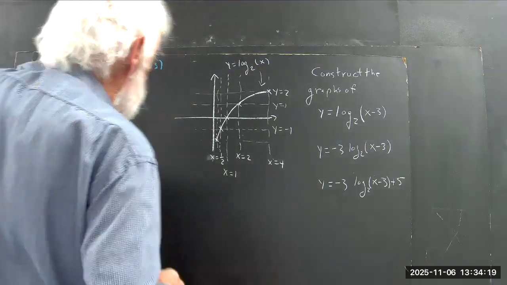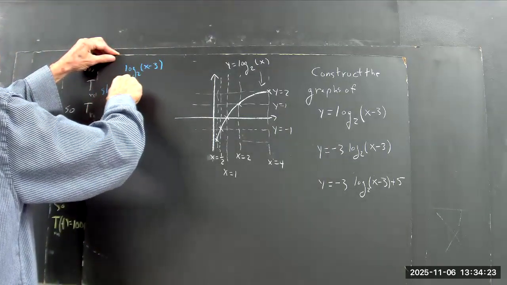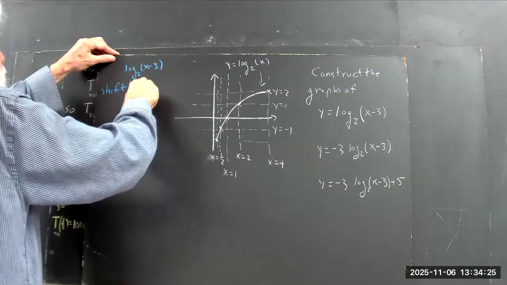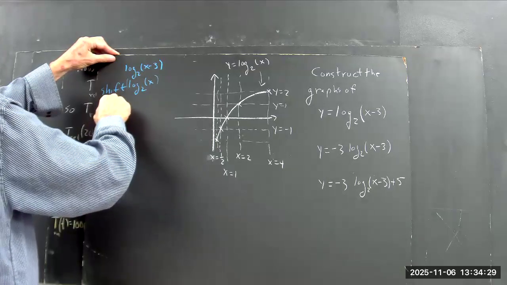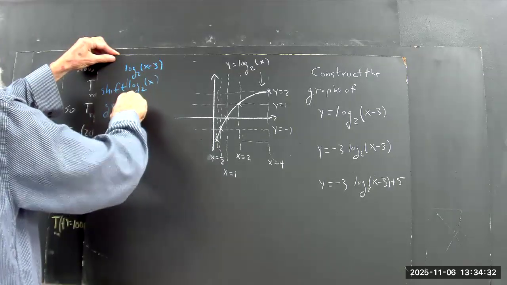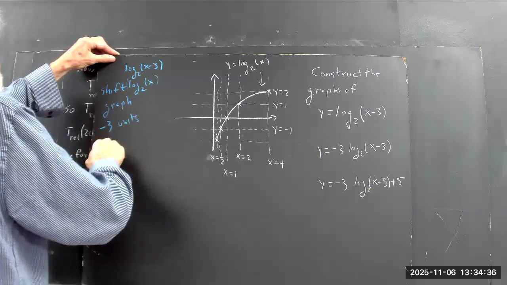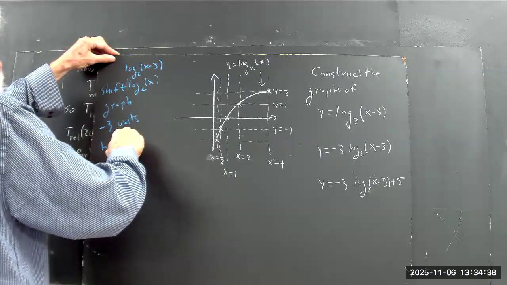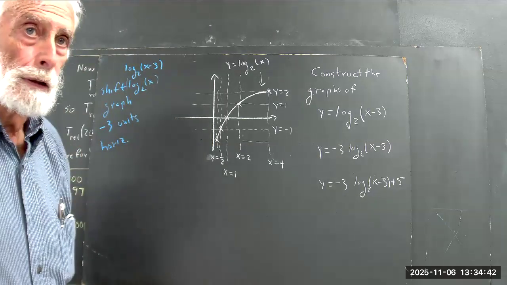Well, log base 2 of x minus 3 shifts that graph -3 units horizontally.